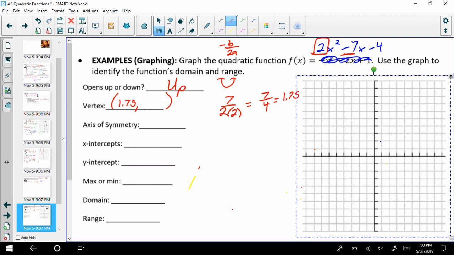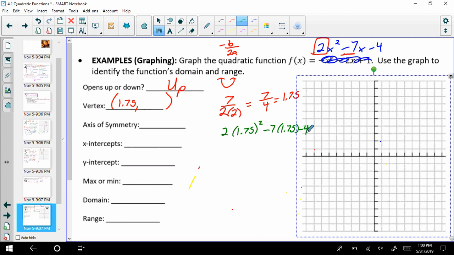To get the y-coordinate, all you do is you're going to plug that value in for x. So I'm going to take 2 times 1.75 squared minus 7 times 1.75 minus 4. You're substituting it back in to see what comes out.